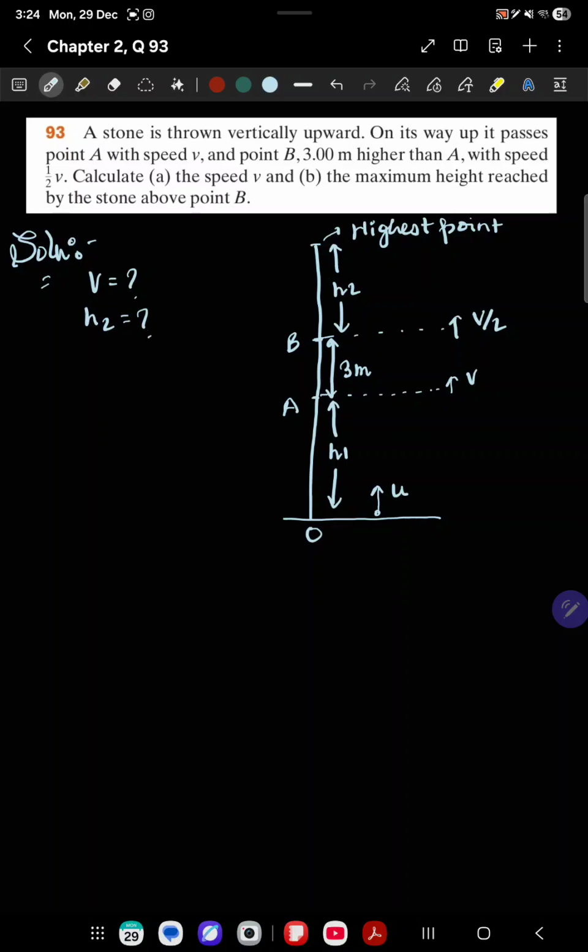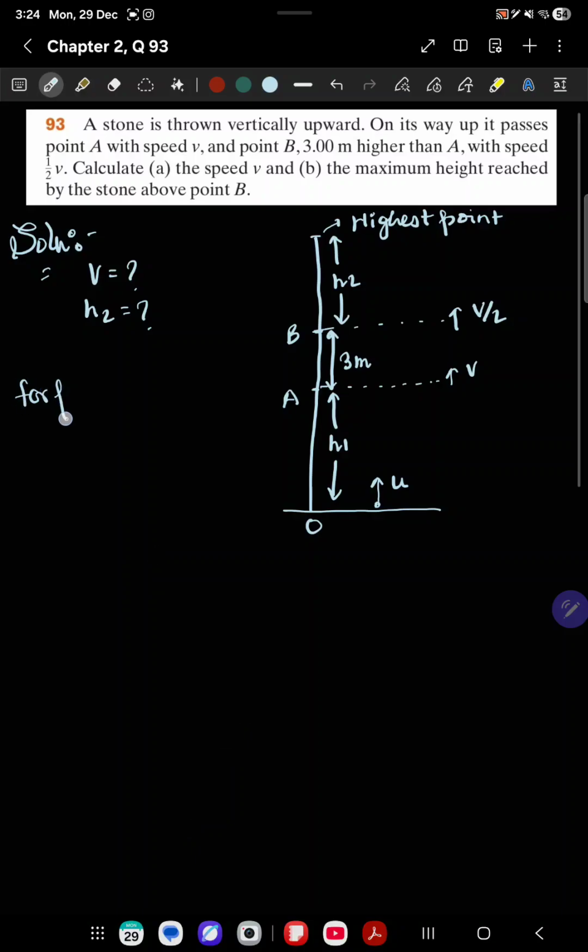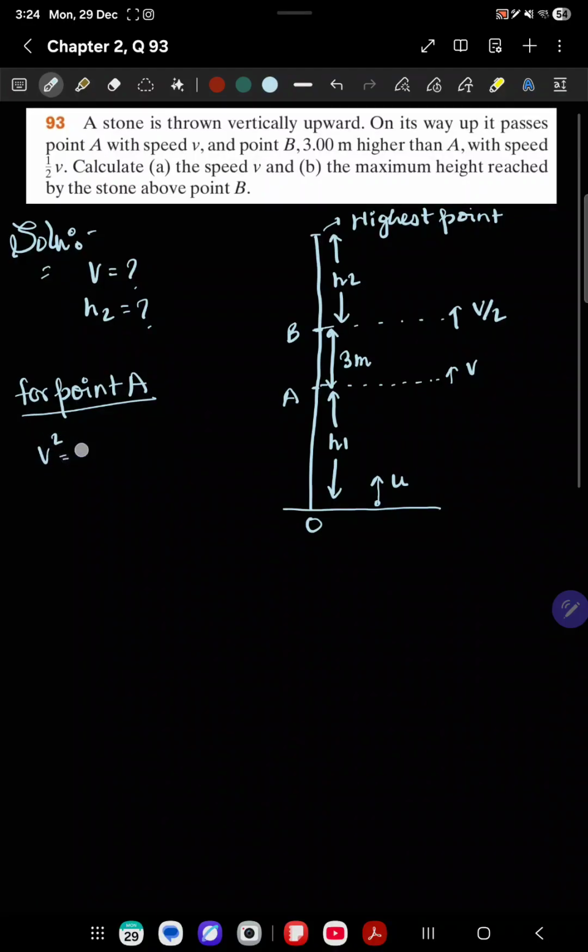So we will be using the same three equations of motion, and here we will be using the third equation, which is v square equal to u square plus 2as, same one. Now I'm writing for point A. For point A, the equation which I will get is v square equal to u square plus 2g h1.